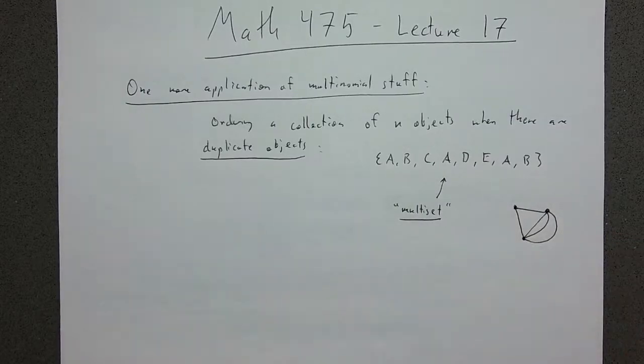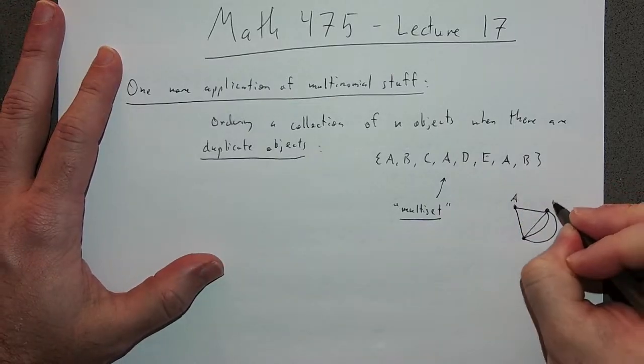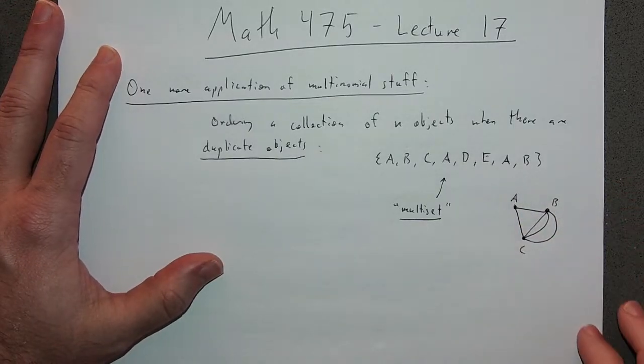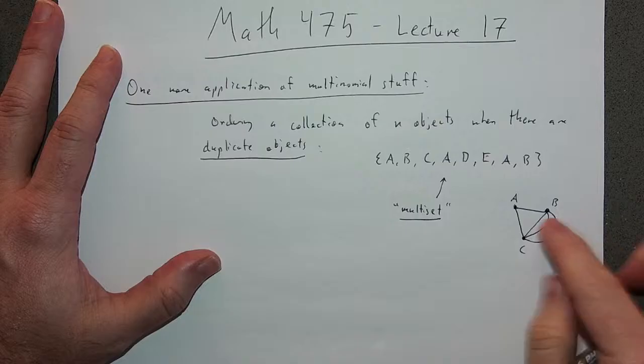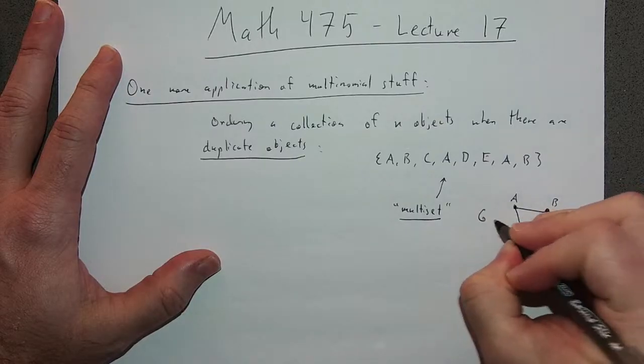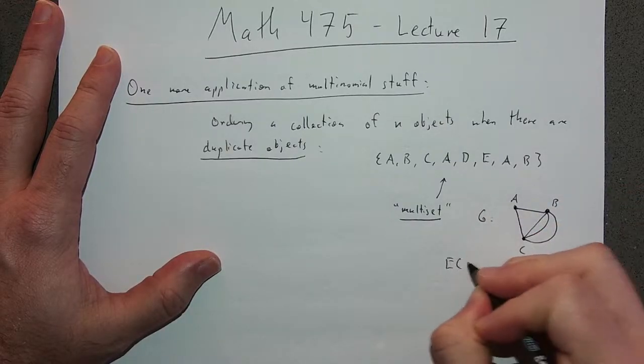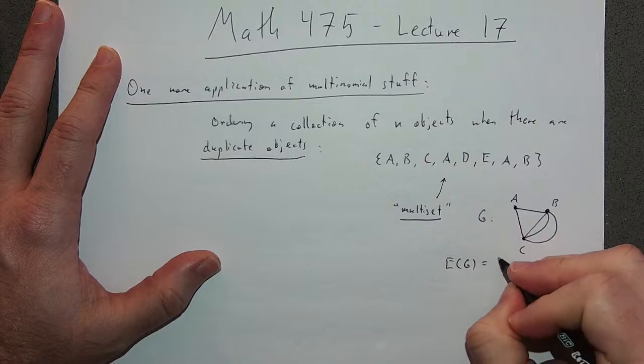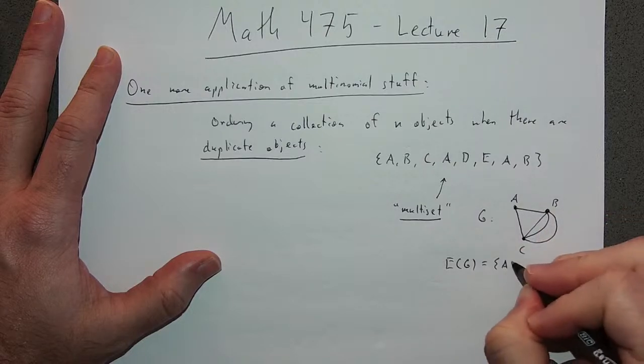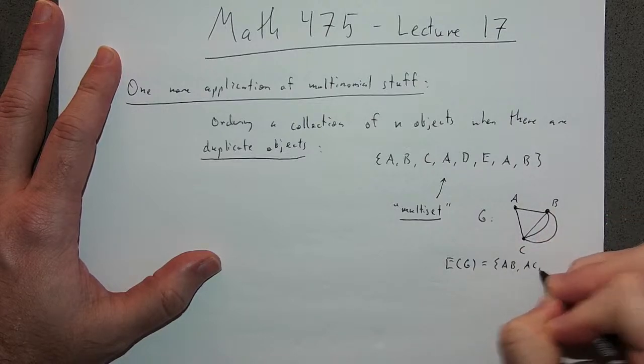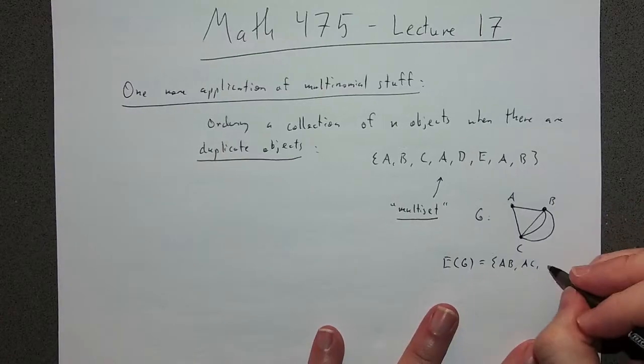There. Right? So if we have vertices labeled A, B, C, the edge set of this, if this is a graph G, the edge set of G is, there's AB, there's AC, but then BC shows up 3 times.